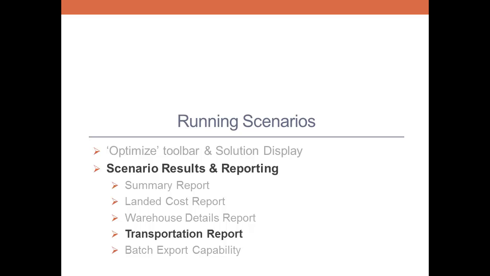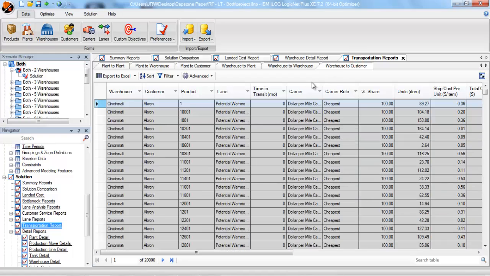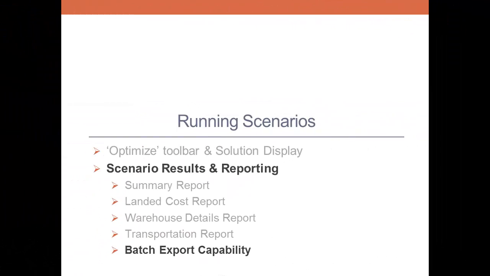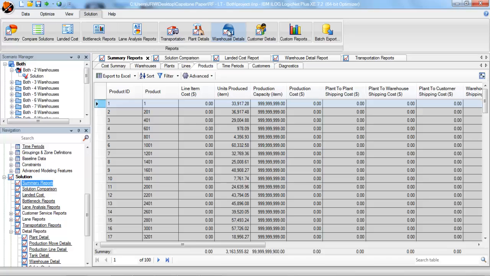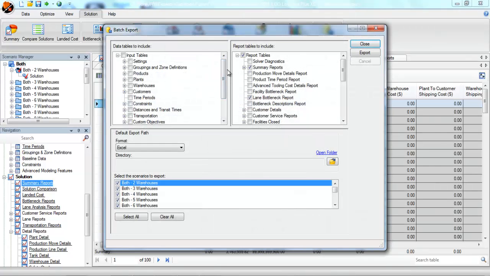Transportation report. The transportation report details each move made, total cost, cost per unit, and other figures relating to transportation. Batch export capability. Finally, it is important to mention the batch export capabilities to Microsoft Excel or Microsoft Access databases for all forms and reports.